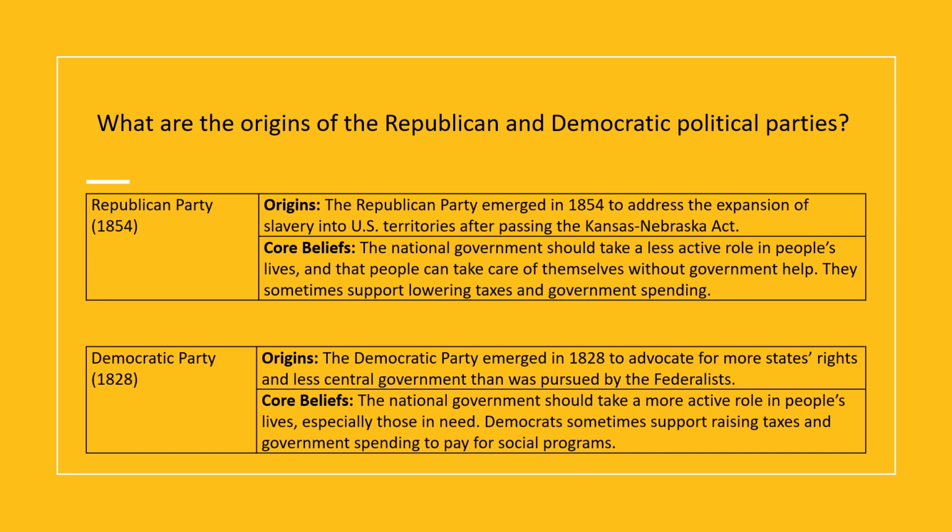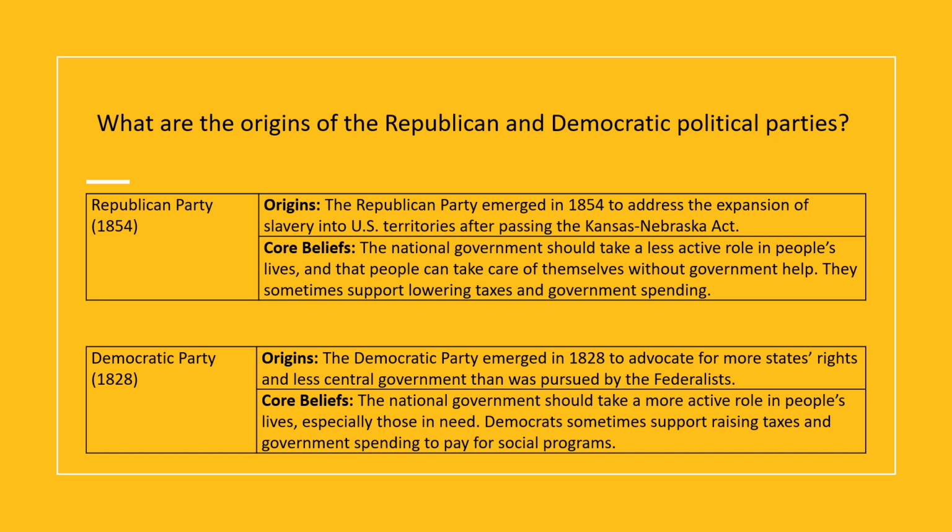So what we see from this small amount of information on the screen is that parties change their positions. Parties change with social change. That the Democratic Party's origins focused on anti-federalism, focused on state-centered government.